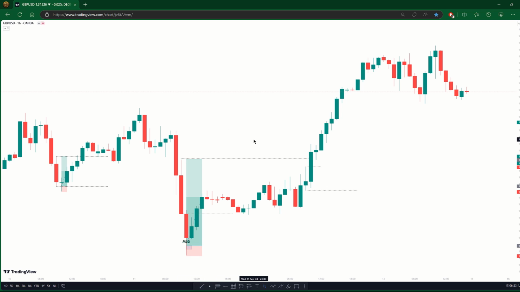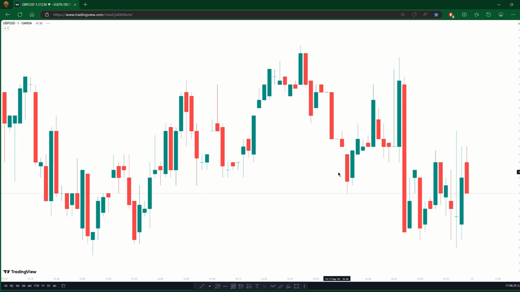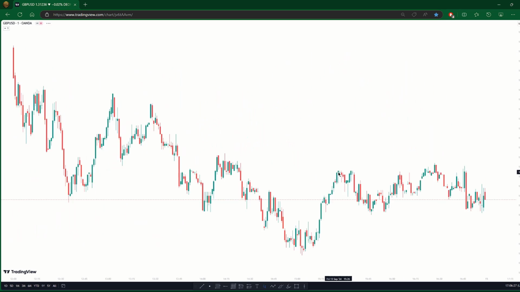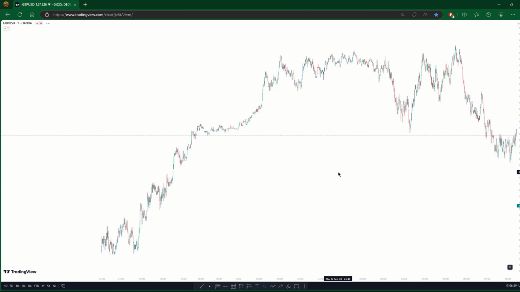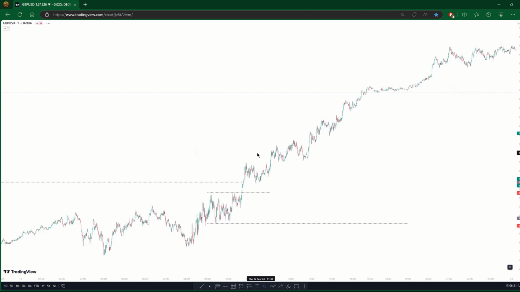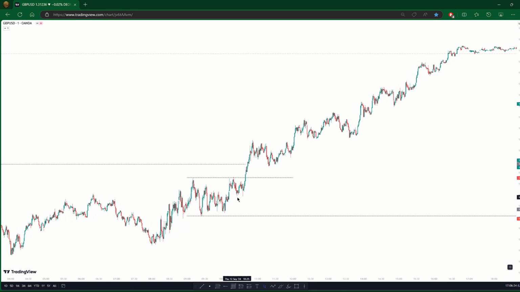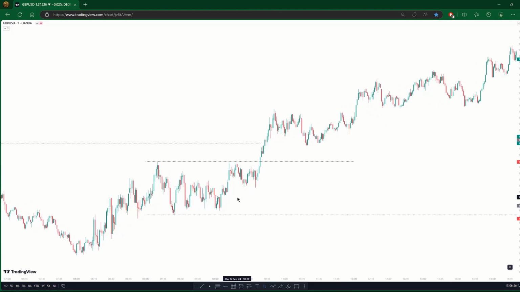So let's go down to 1 minute and see what happens. Yeah, so as you can see, the high was taken out first, but it was too aggressive. It was still chasing yesterday's 9 a.m. high.